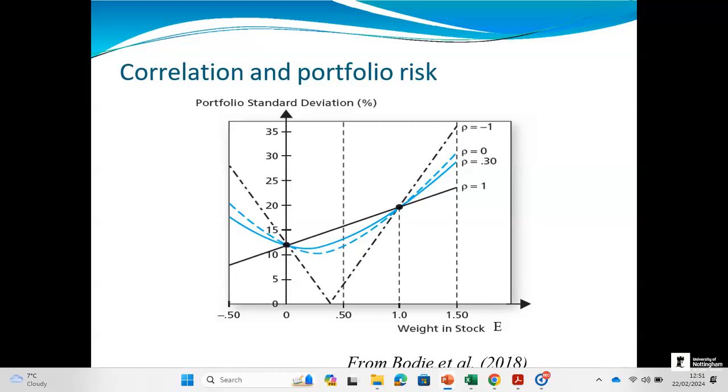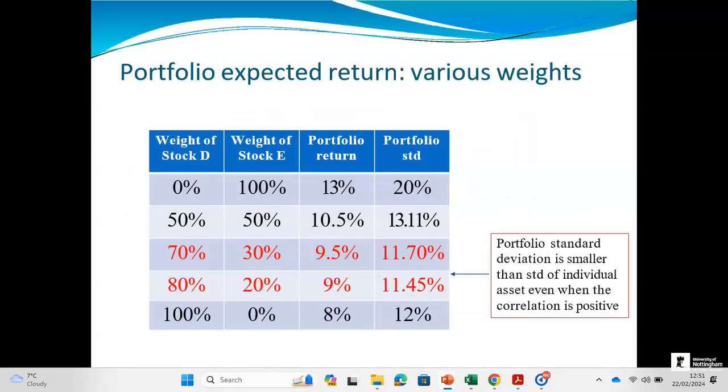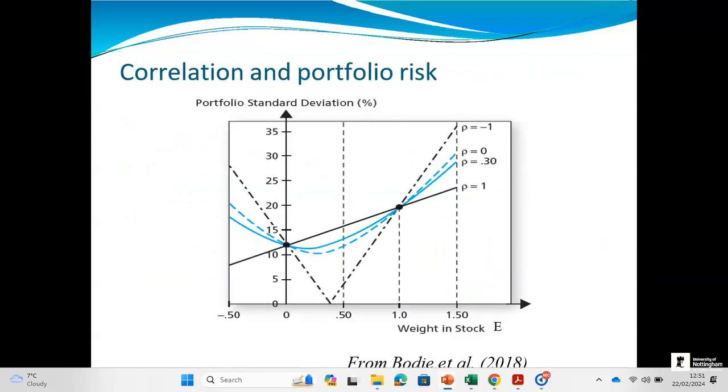good. So based on our example, if I put everything in stock D, I will have a portfolio standard deviation equal to something around 12%, right? You can see the dot on the vertical line.